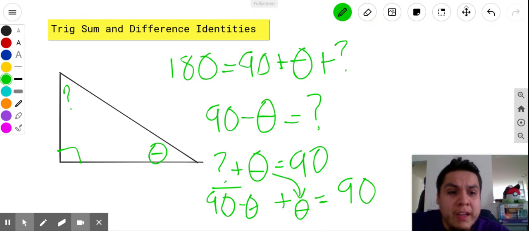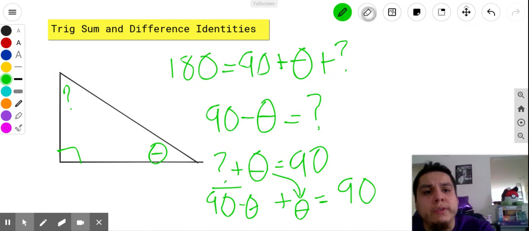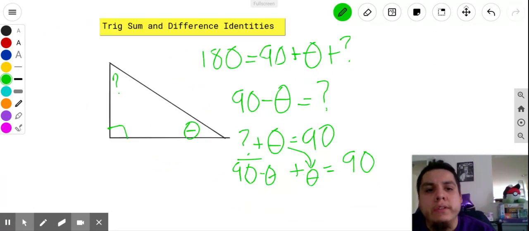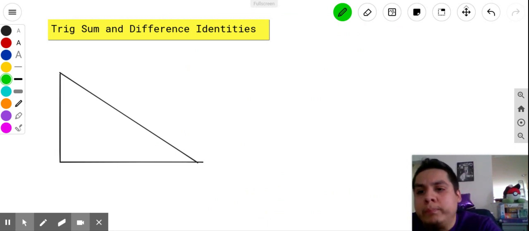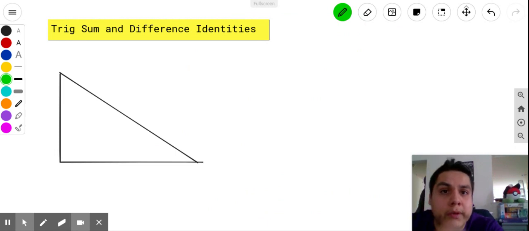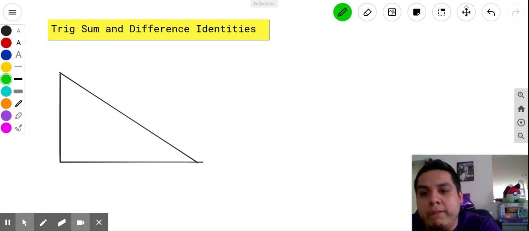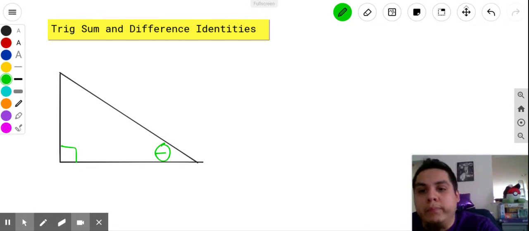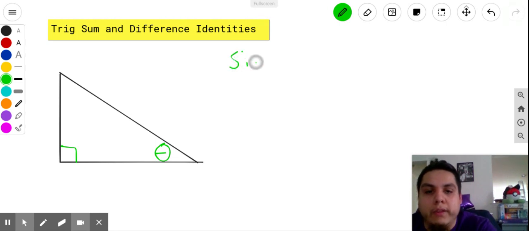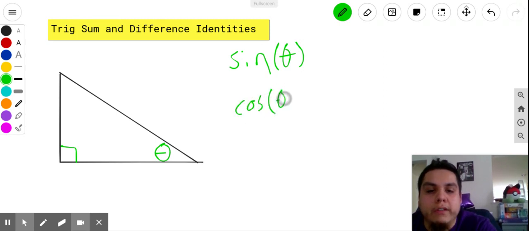So aside from some of the angle work, they'll also ask you to talk about missing sides. So hopefully you guys remember your trig ratios, that if you have an angle like this, you're familiar with what sine of theta should equal and what cosine of theta should equal.